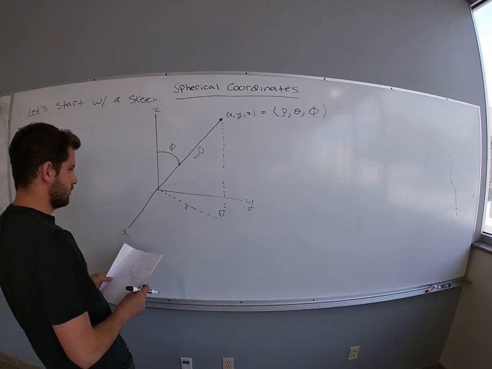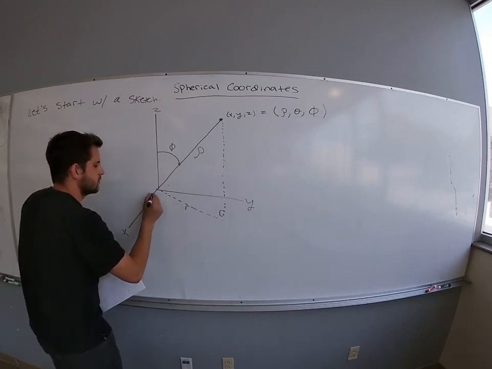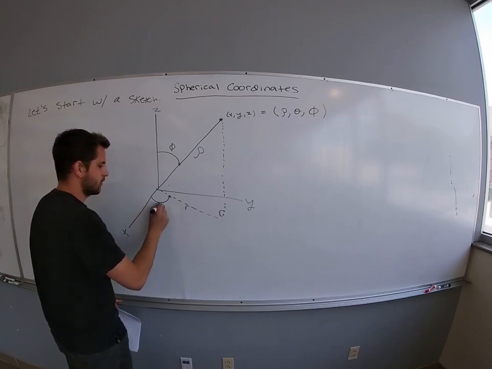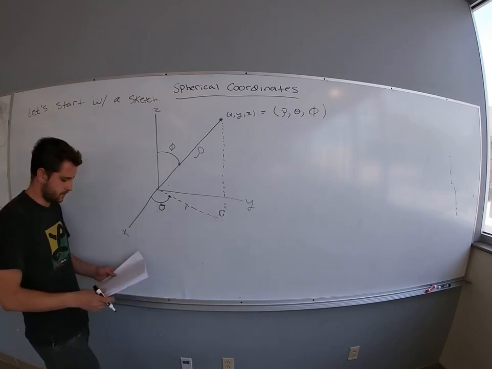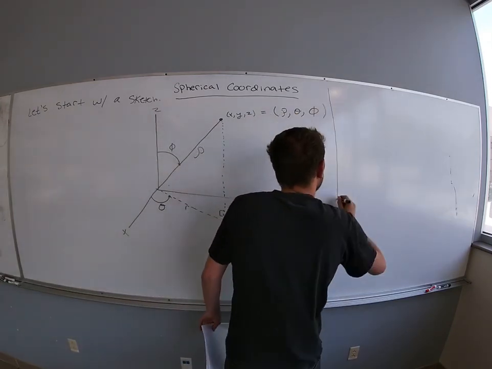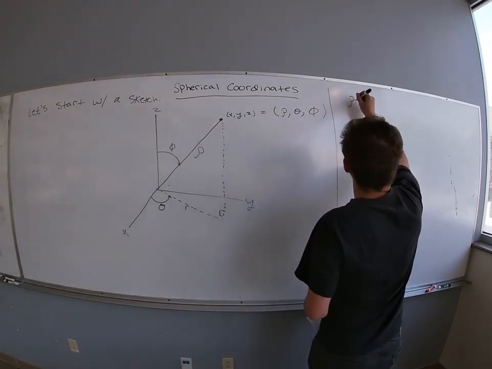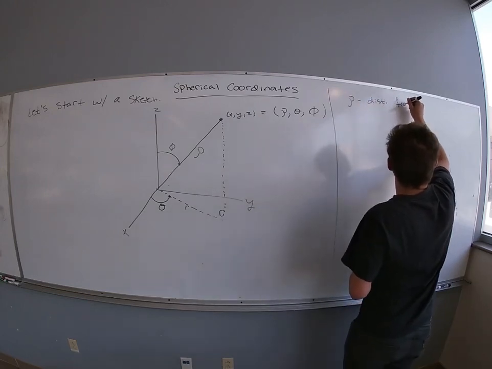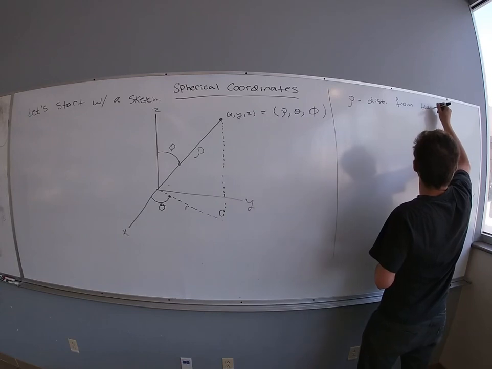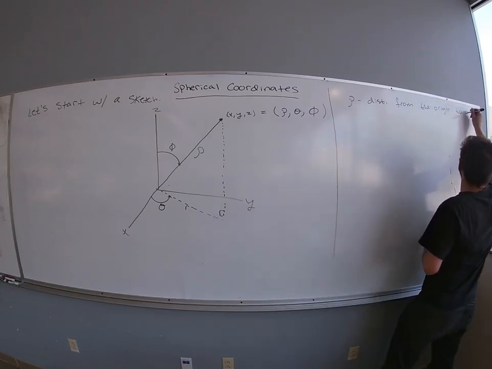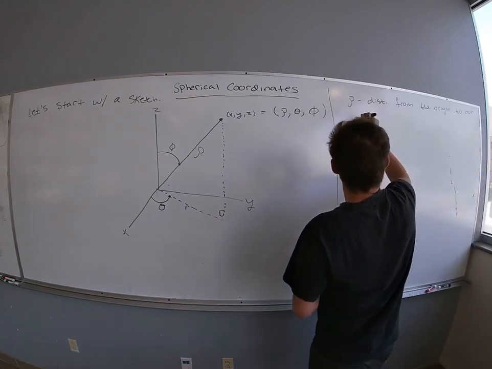Do I have everything? Yes. Oh, one more thing. Just as before, the angle to this r, we're going to call this theta, just like we did before, okay? So let me write this out. Rho is going to be the distance from the origin to our point, okay?